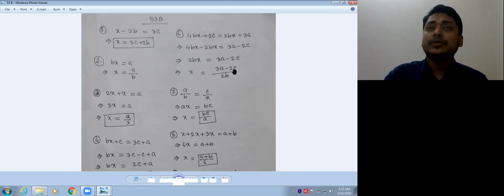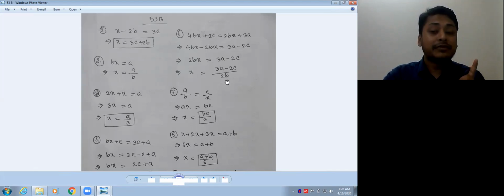We cannot cut 2 and 2. Although 2 and 2 can be cut down, we cannot cut here. But for multiplication, you can cut. Here it's both division, that means 3a divided by 2b and 2c divided by 2b. Listen very carefully. Here we cannot cut 2 and 2. If we want to cut, we have to cut from the two numbers, from A group and from B group. Since we cannot cut from A group, we will not cut from B group.